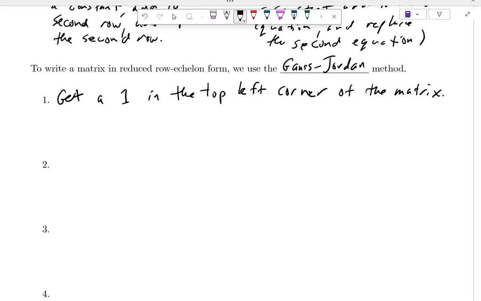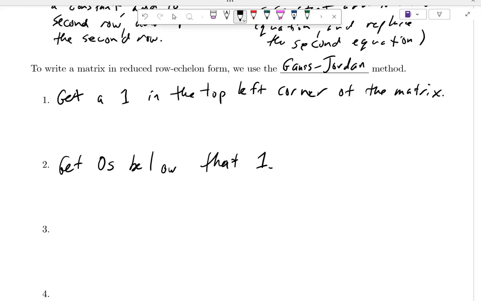After we got a 1x in the upper left-hand corner, what do we do after that? The rest of that column is 0, right? So the first thing after we get that 1 in the upper left-hand corner, we're going to get zeros below that 1. Okay? That's going to be the next step.